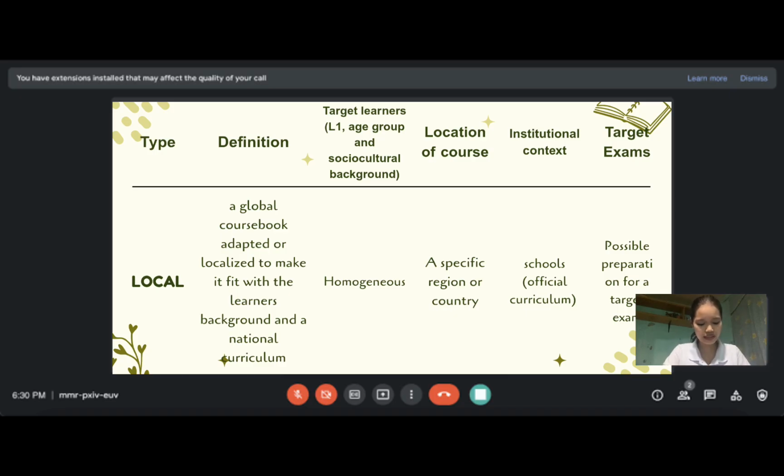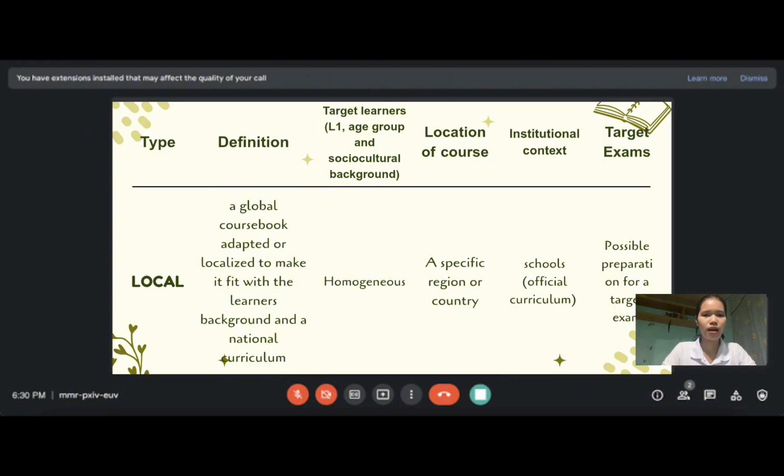Now, for the target exams, global, as I've said earlier in the institutional context, is a Korean student or a foreign student studying the English language.